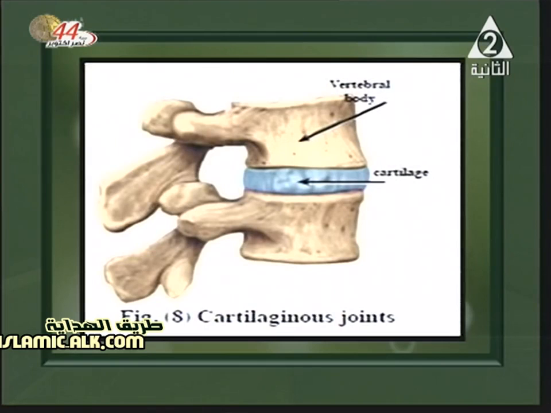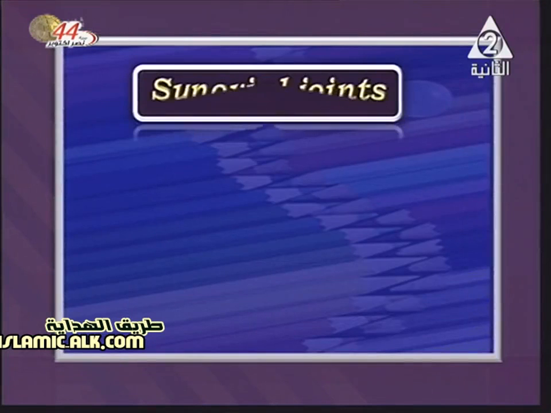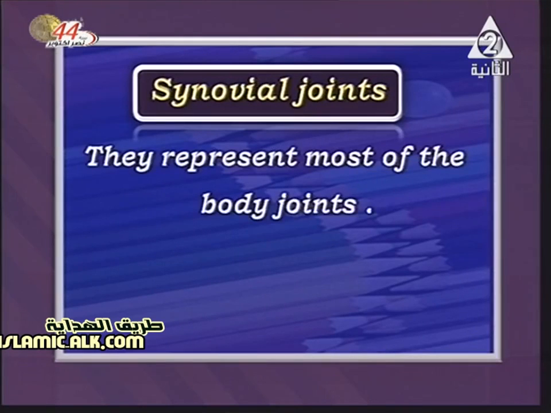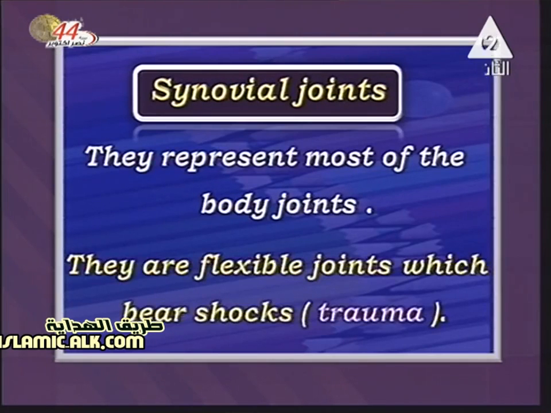The last type is called the synovial joint. Synovial is a liquid or substance found inside this type of joint, so they are called synovial joints. They represent most of the body joints. They are very flexible and can withstand shocks or trauma.